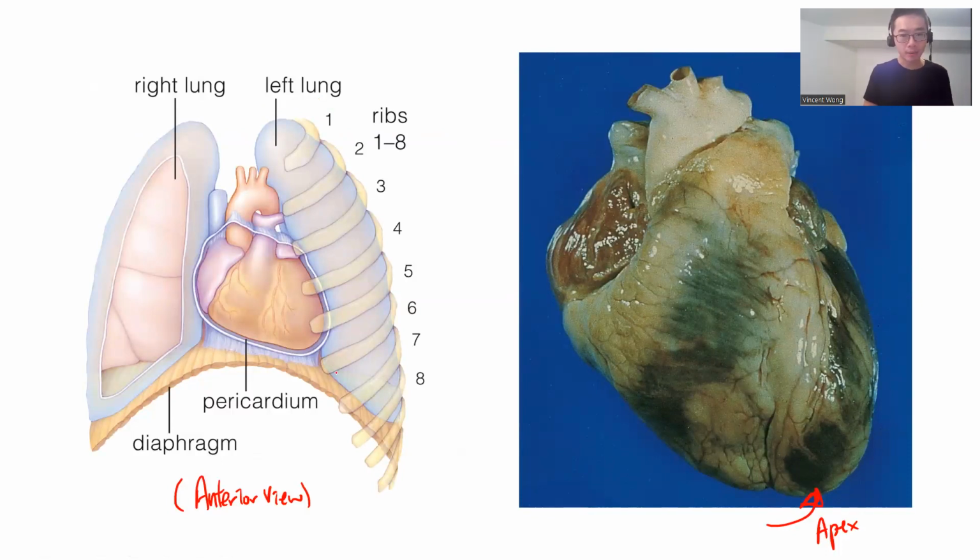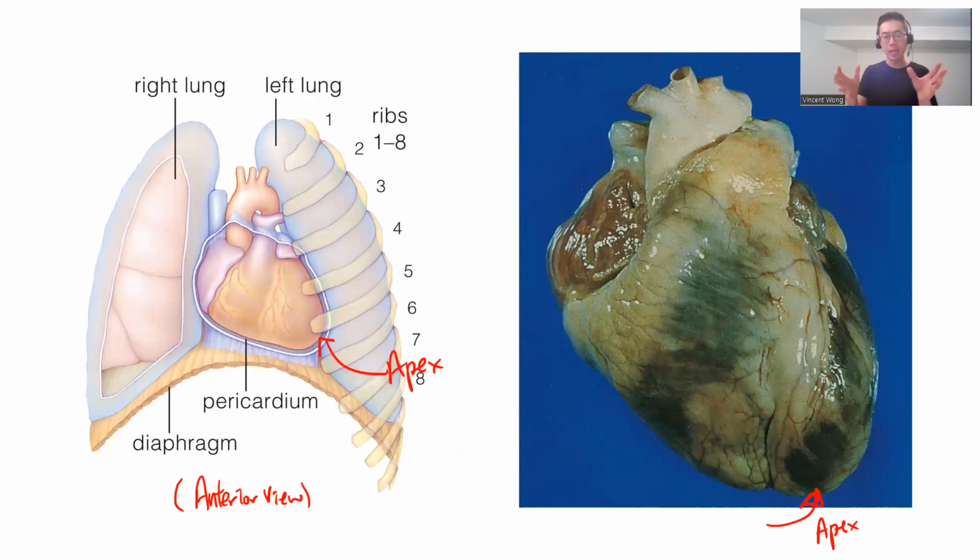Okay, so there's the heart. There is the apex again, and it's pointing to the left side of the body, and you have the diaphragm right here. The diaphragm is again the muscle that helps you breathe, and you can see the halo that goes around the heart. This thing right here, that is the pericardium.